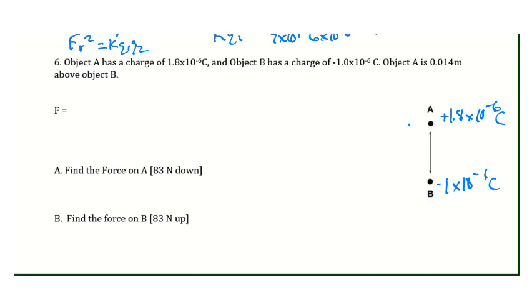So before we do any math, we know that they're going to be attracted towards one another. So that means that A is going to be pulled downward. It means that B is going to be pulled upward. Because they are opposite signs, you have a positive and a negative, they're going to attract. Now the force that they exert on each other is going to be the same in amount, just the opposite in direction.